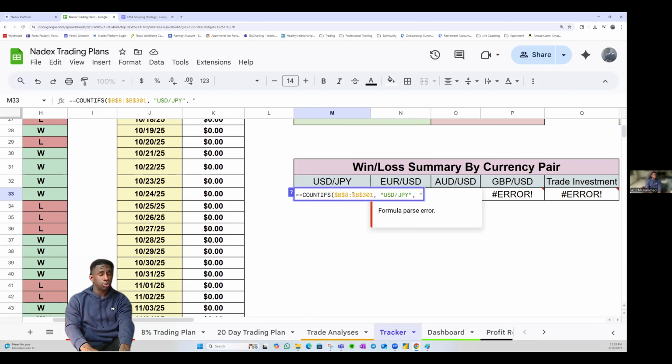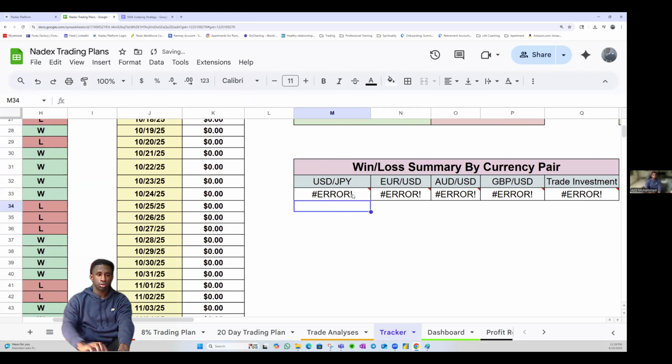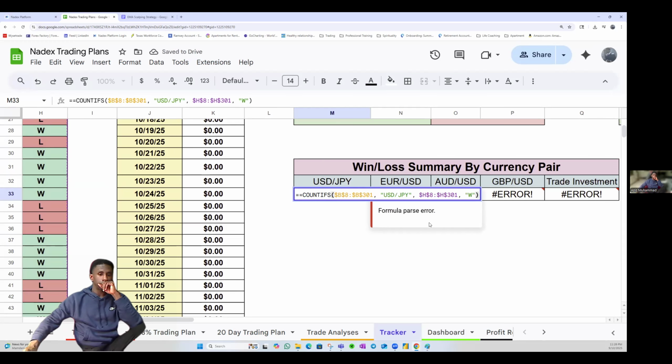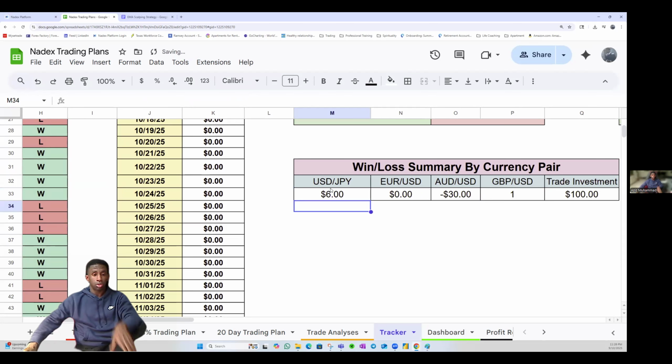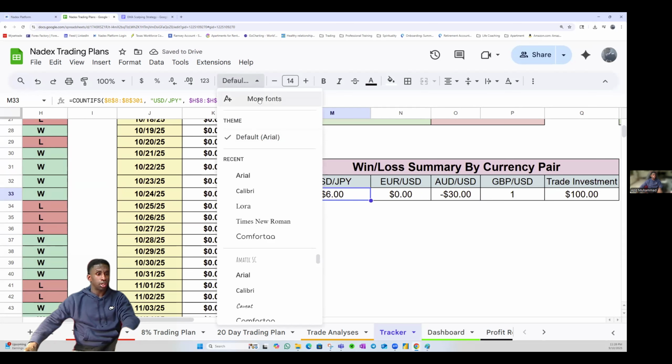And then the W's, that's an H column. H8 to H301, W. It's supposed to be a regular number.